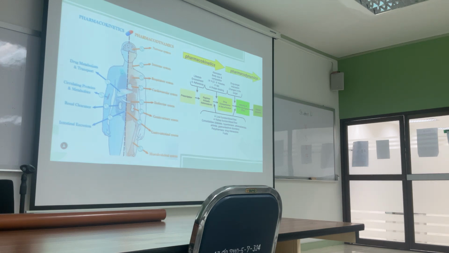And after the medication is distributed into the body, some of the medication can go through a lot of the organs, including the liver and the kidneys. And those organs are very important to excrete the medication.